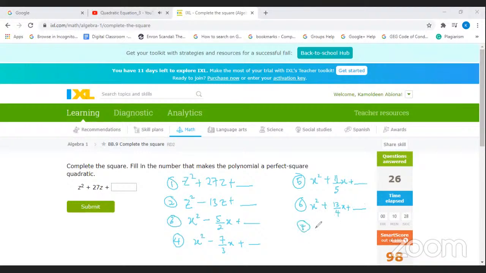And lastly, x squared plus 21/5 x plus what must be added.